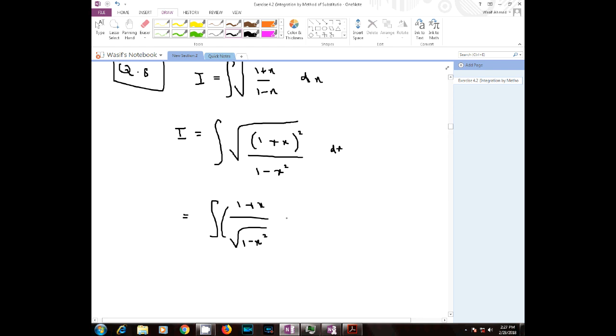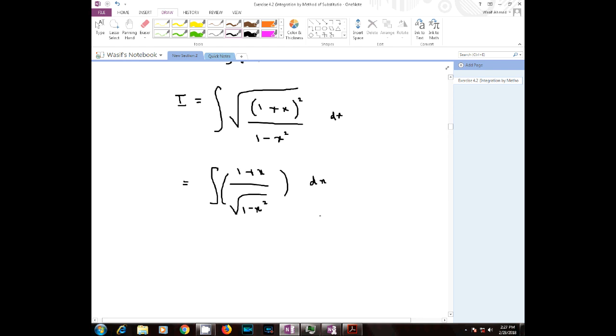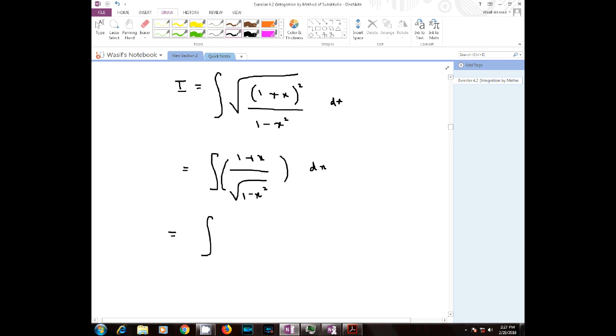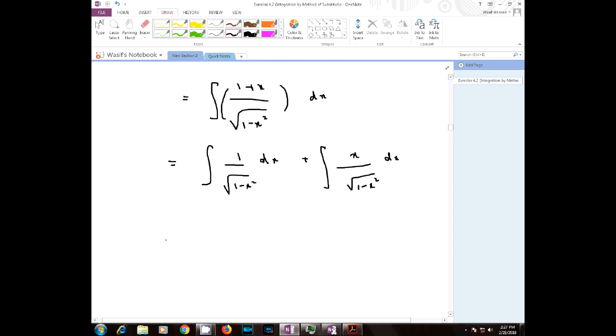Square root has been distributed, and this is now a simpler form, which can be further simplified by separating the denominator: 1 divided by square root of 1 minus x square dx plus x divided by square root of 1 minus x square dx. The first integral is obviously equal to sine inverse x, because the derivative of sine inverse x is 1 divided by square root of 1 minus x square.